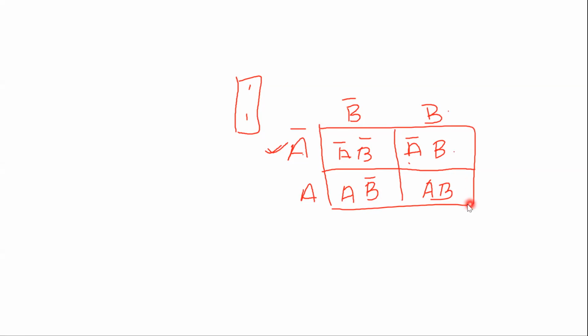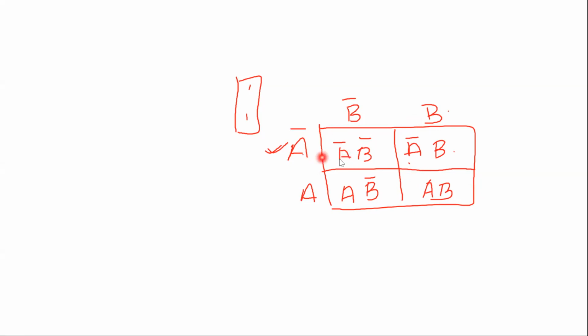This is the cell in pictorial form. We have two variables. So this is one single cell, this is the second cell, this is the third, and this is the last, fourth cell. How to write the data?